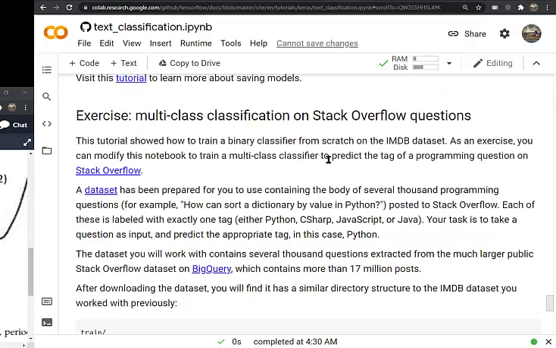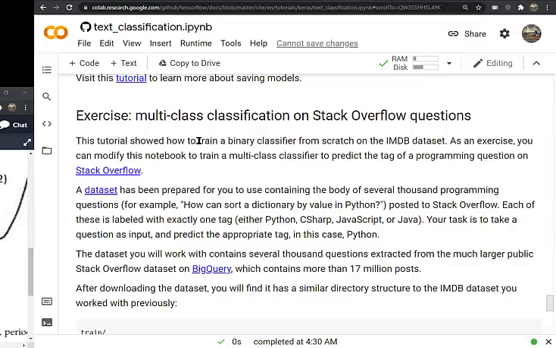All right, now what we did above was we looked at movie reviews and decided whether they were positive or negative. So in this exercise, it's very similar, except what we're going to be looking at is questions that are posted on this site Stack Overflow, and you want to decide which computer language the question refers to.